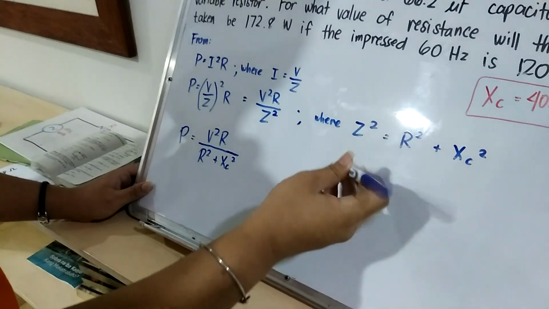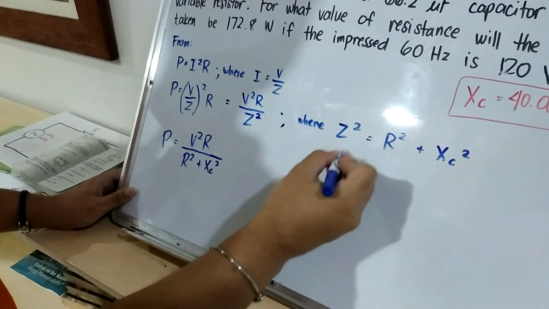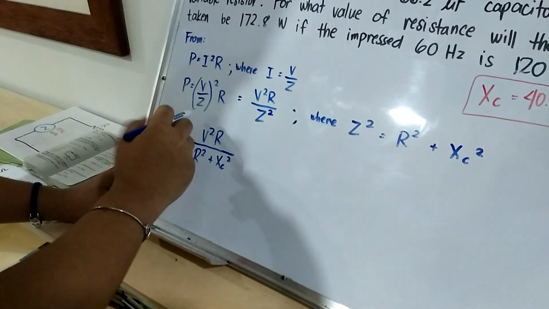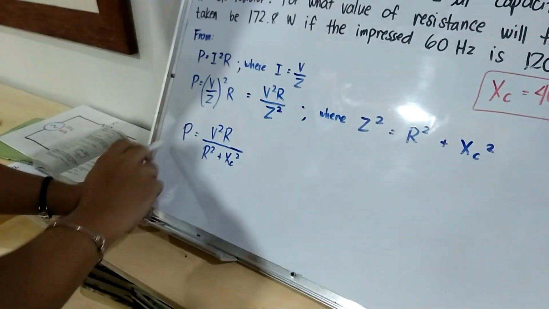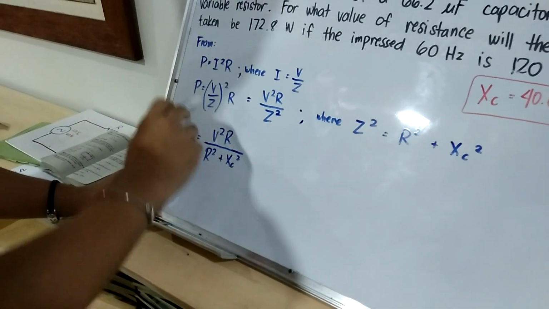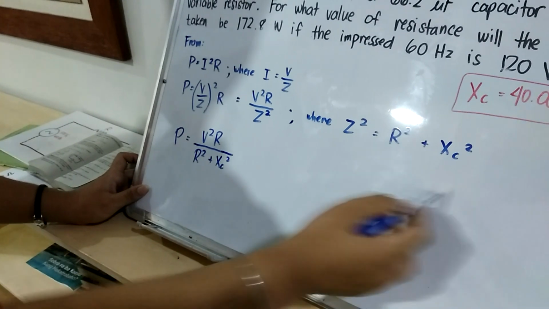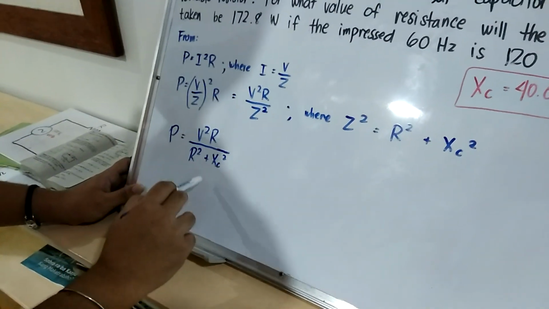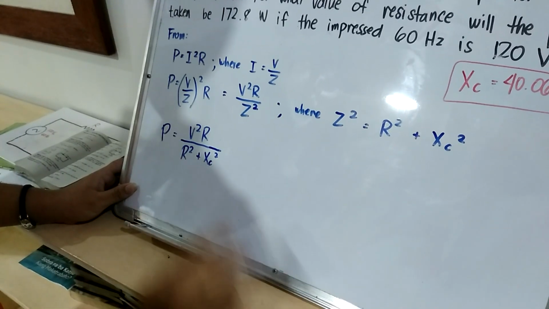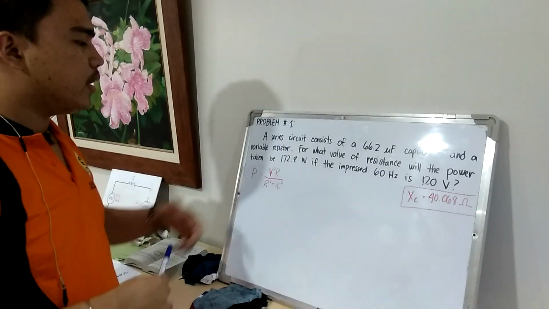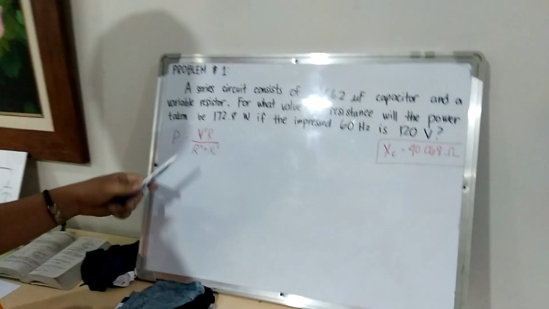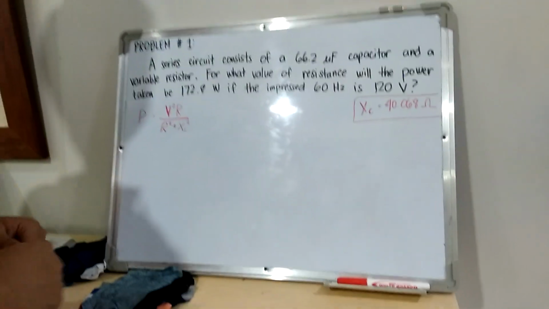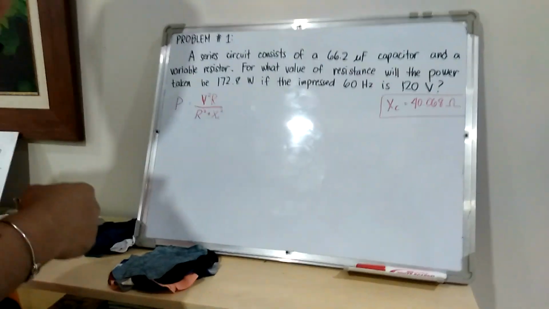So P is equal to V squared R over the value of Z squared, which is R squared plus X sub C squared. The derived equation is P is equal to V squared R over R squared plus X sub C squared.